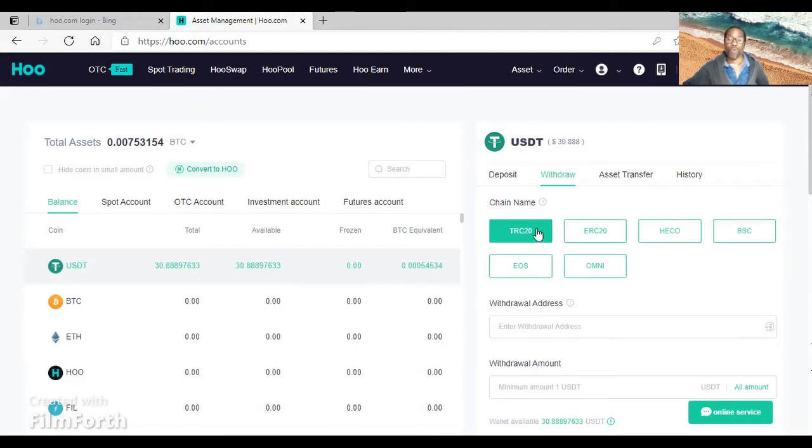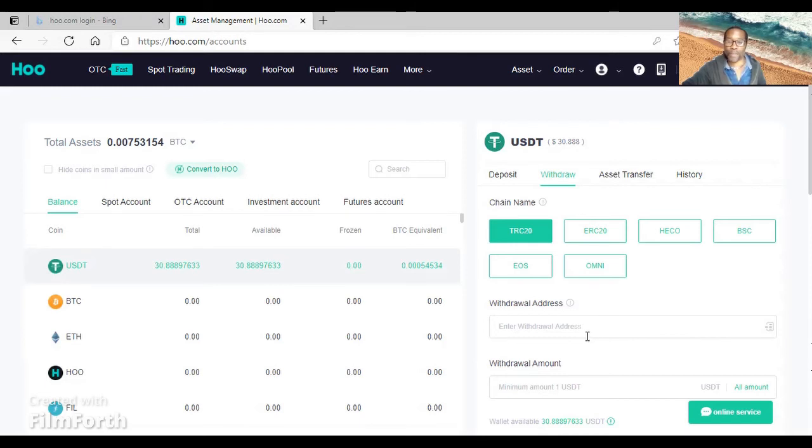But with this, I think it charges a ridiculous amount, 10 cents, not even up to $1. Whereas if you are using the ERC20 Ethereum network, you will spend not less than $15, $18 or more, depending on the time, the congestion.